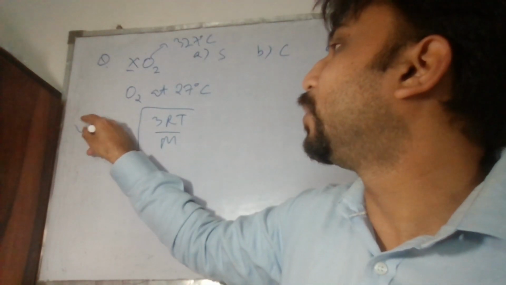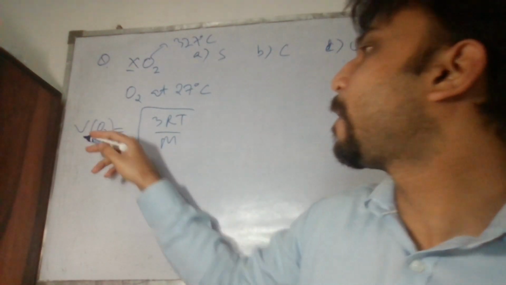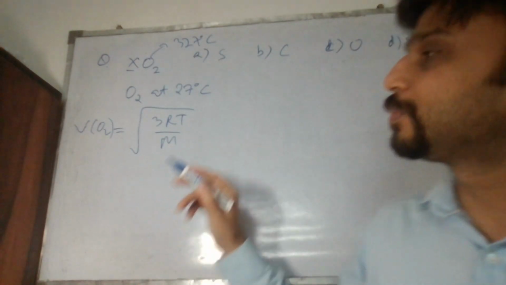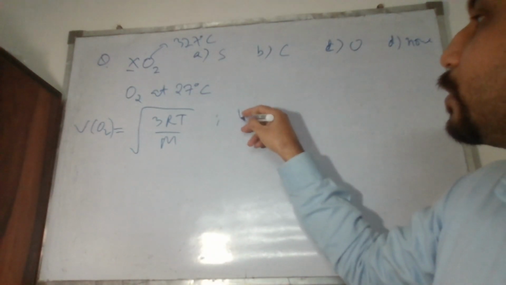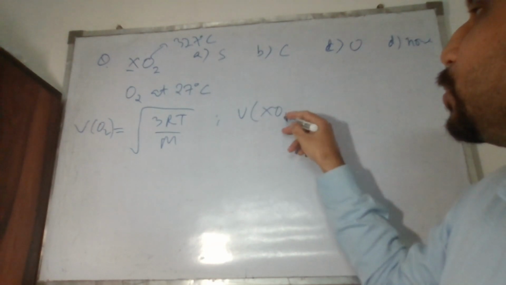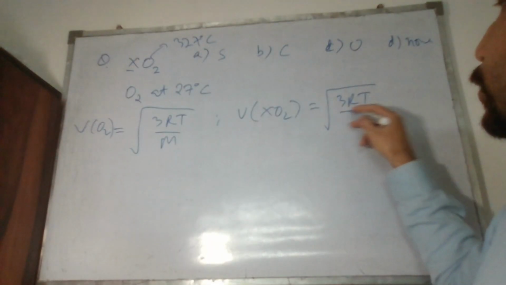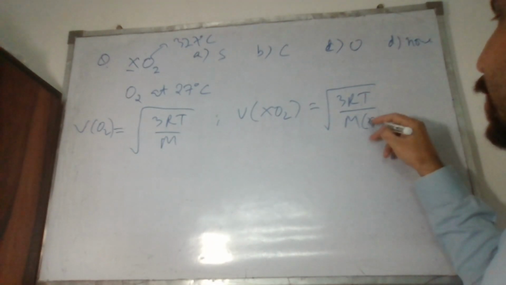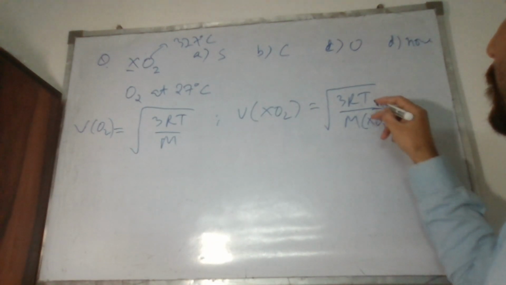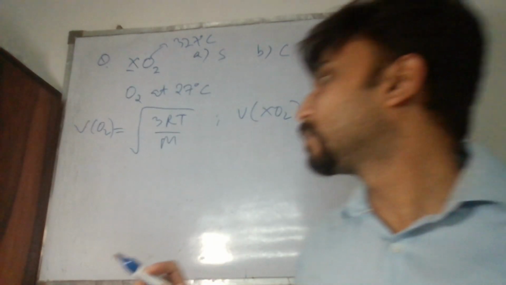This is the speed of oxygen molecules and speed of XO2 molecules is square root of 3RT divided by molar mass of XO2. Right.